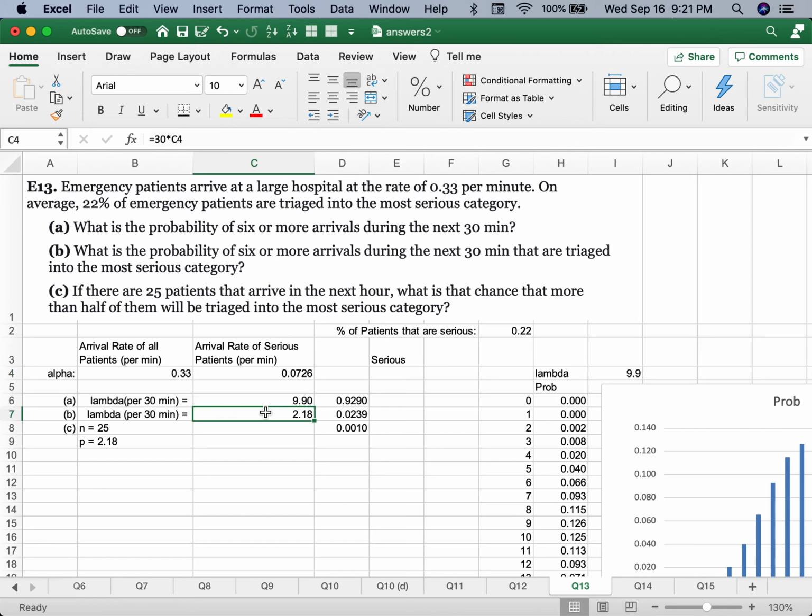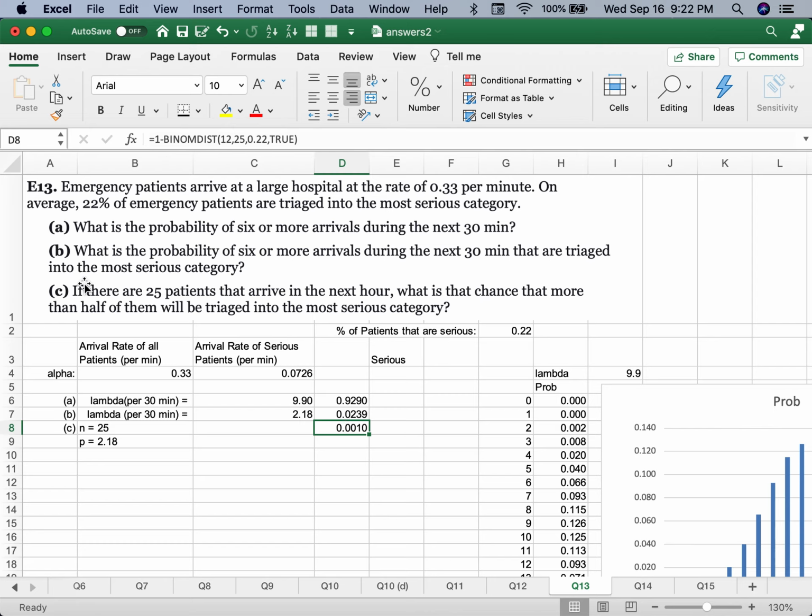Now, if I want the number that arrive in a half-hour period, I have to multiply that times 30. So 30 times C4 gives me the lambda for my calculation of the probability that we get 6 or more arrivals during the next 30 minutes. Once again, that's set up with the same formula: 1 minus Poisson up through and including 5, given a lambda of 2.18 and true. So the probability of that happening is very low, 0.02, so about 2%.